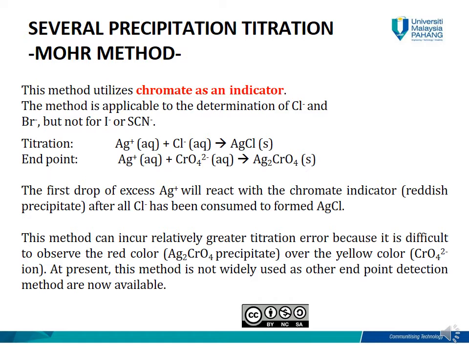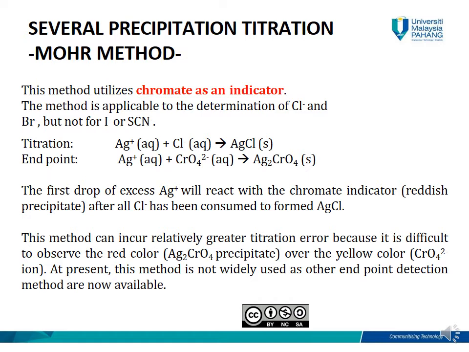However, this method can have a relatively greater titration error because it is difficult to observe the red color of the silver chromate precipitate. It is not very accurate, but still it can be applied.